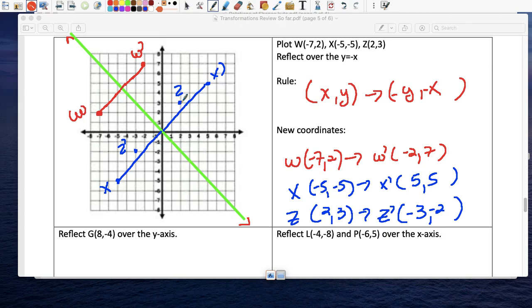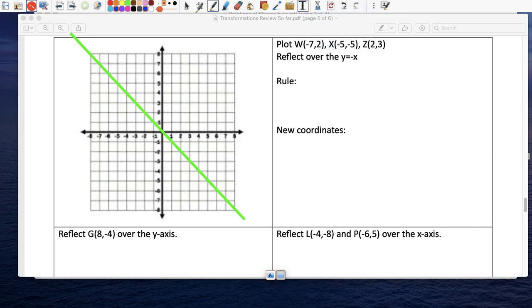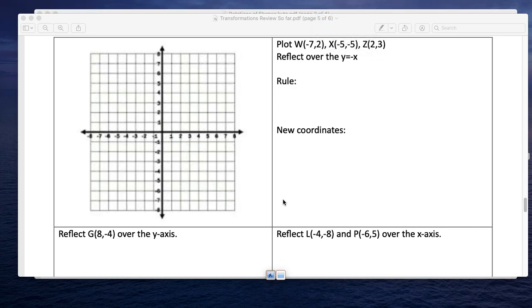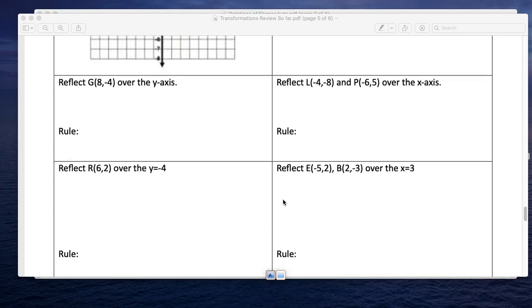Again, this goes through 1, 2, and a half diagonals, and this goes 1, 2, a half diagonal. Those are their images, the original point and its image across the line of reflection.